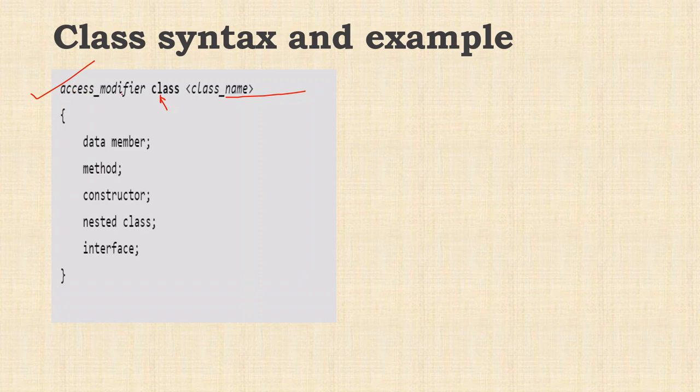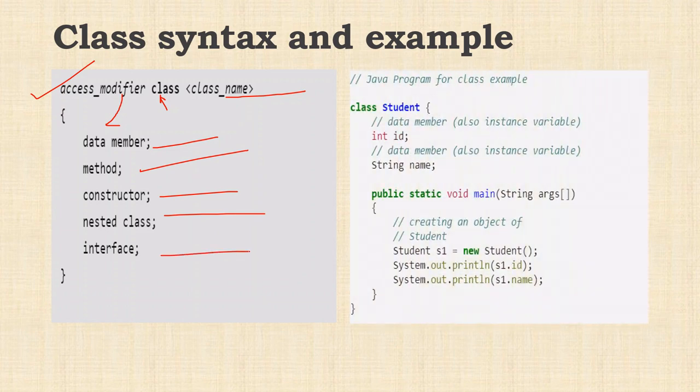Inside the class you can create data members, methods, constructors, nested classes, and interfaces. This is an example of a class. Here, class Student: this is the keyword to create the class, and this is the class name, which is Student. These are the data members: id is a data member, student id, and name.